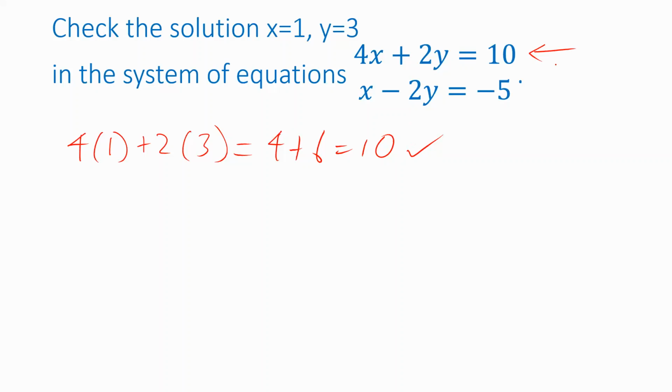That's the value we were expecting to get from the first equation. And when I plug it into the second equation, I'll have x is 1 minus 2 times y, which is 3. That comes out to 1 minus 6, which is negative 5. And that's what we wanted out of our second equation. Since plugging this point in makes both equations work out, it is the solution of that system. It is the set of coordinates for the point where those two lines cross.